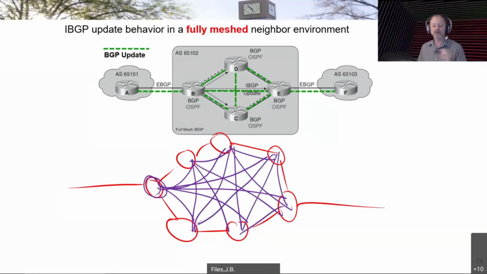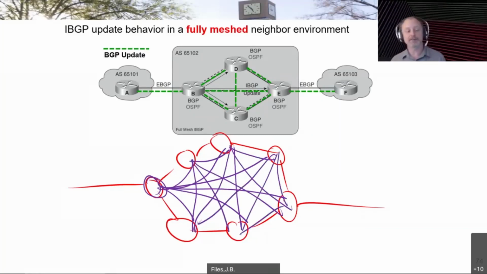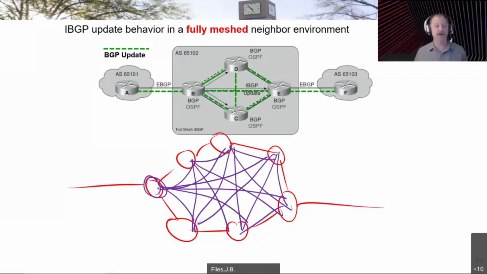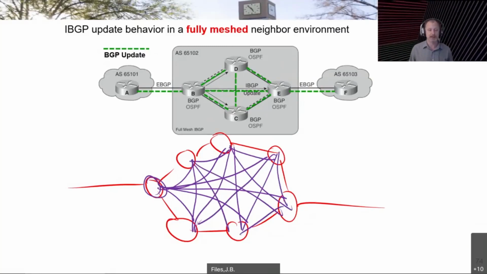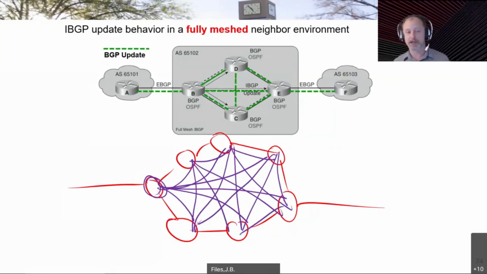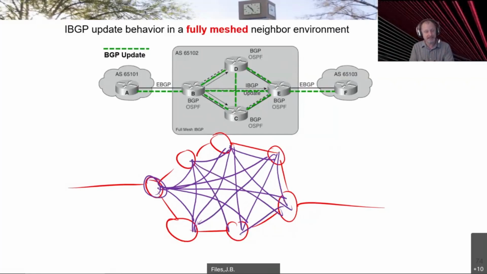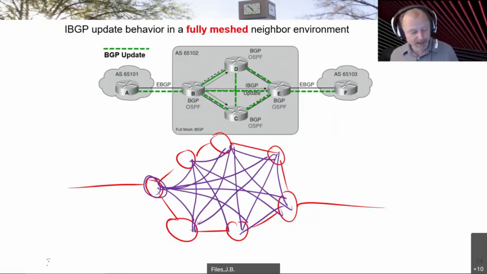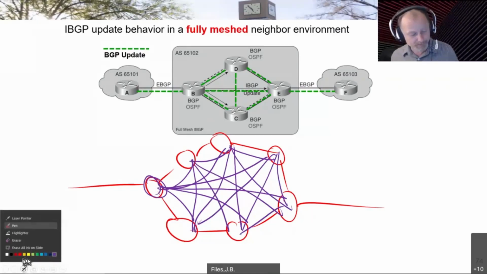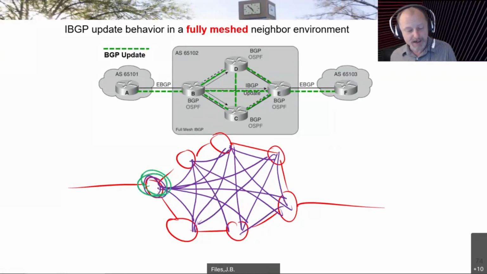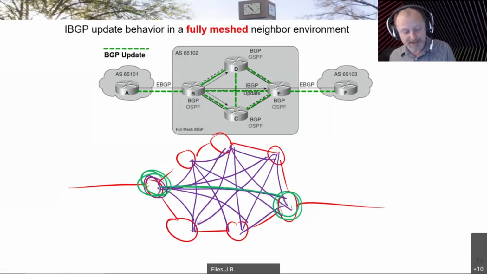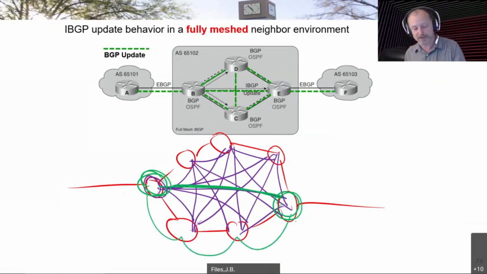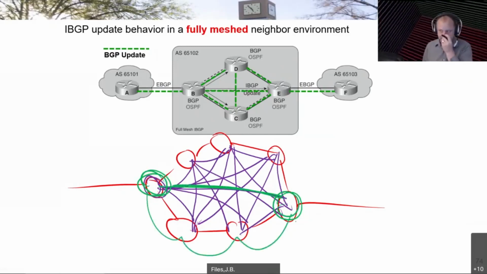In red are the physical cables, but in purple are the neighbor statements. So in this case, they're all fully meshed as far as iBGP is concerned, but the physical network isn't fully meshed or anything. I'm not saying the physical network is fully meshed. I'm talking about the iBGP relationships, right? Because if we want to send an update from here to here, that's the relationship, but the packet itself is going to go across the physical wires until it gets there. Okay, does that make sense?